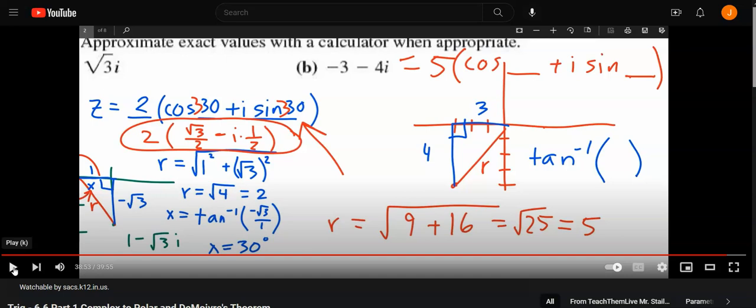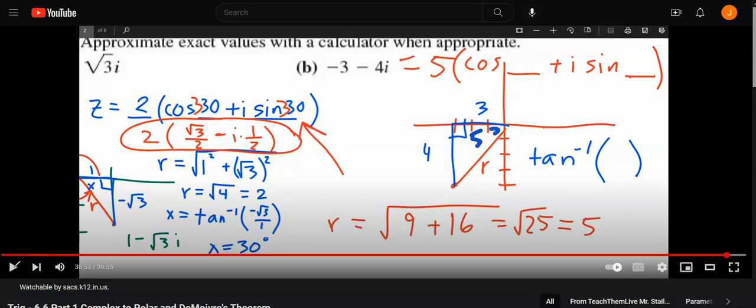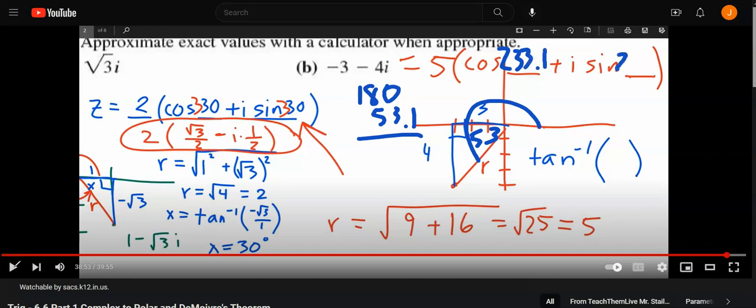That's 53 degrees. Okay, like 53.1. And then we need to add that to 180. So 180 plus 53.1 gives me 233.1. Man, I wish I would have caught that mistake. Dang. I'm looking really bad today.